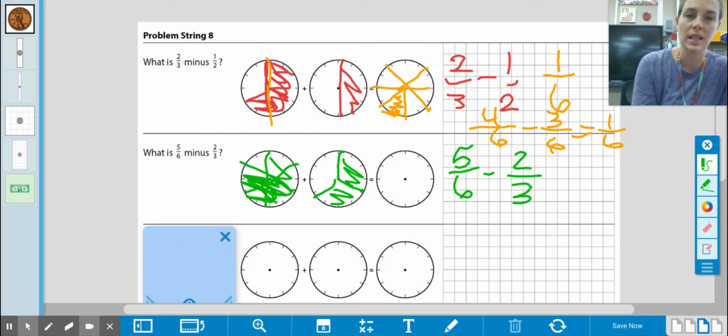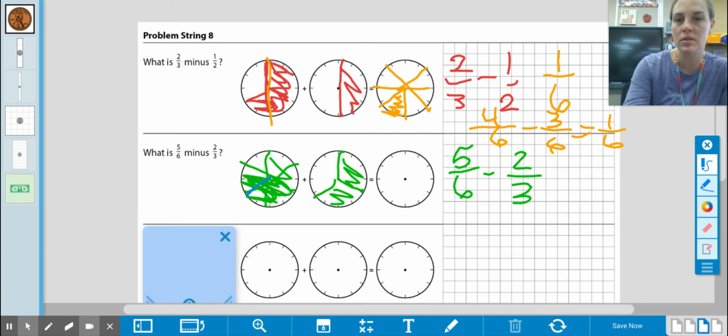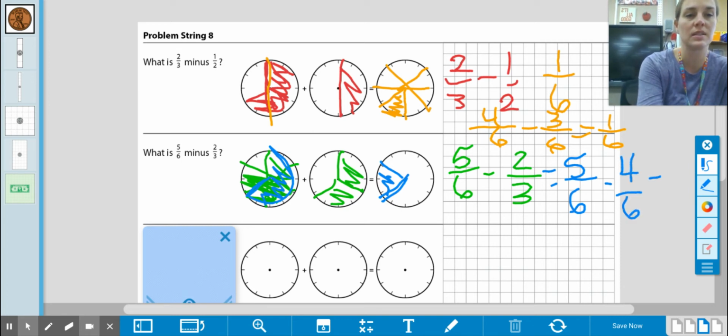I look and see that if I subtract off that 2/3, hey, my 2/3 goes to this spot right here. That's what I'd be subtracting. So this is what is left, right? Here is what is left over. Also, when I think about rewriting those with a common denominator, I think of it as 5/6 because I know that I can use my 2/3 as 4/6. So 5/6 minus 4/6 equals 1/6. Okay.